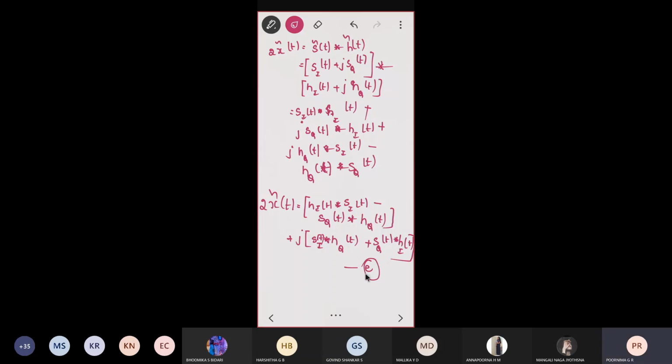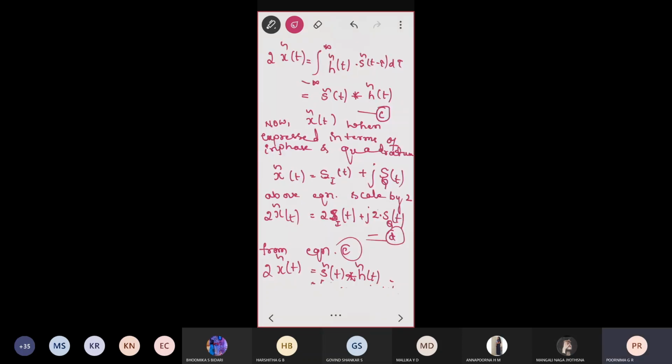Now compare equations D and C, and then compare equations D and E. This is equation E. Equation D is 2x tilde of T. So what is 2 SI of T?